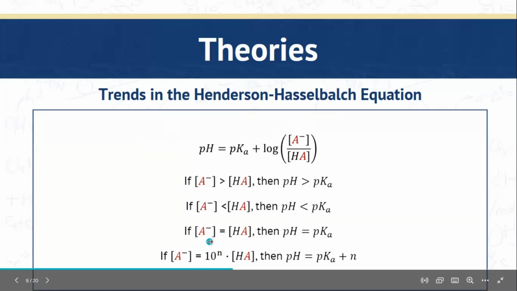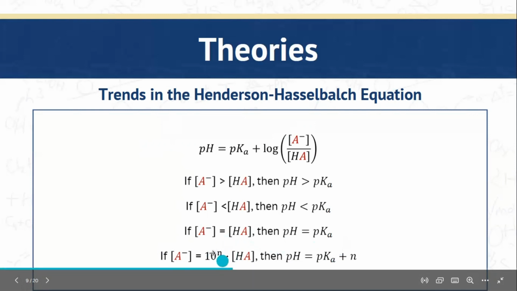So what this means is that if the concentration of the conjugate base is 10 raised to 1 times the concentration of the acid, we'll know that the pH value is equal to pKa plus 1, since there's a tenfold increase.